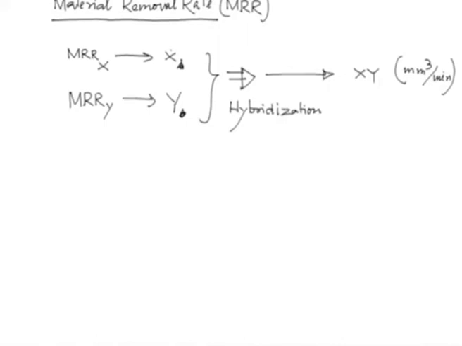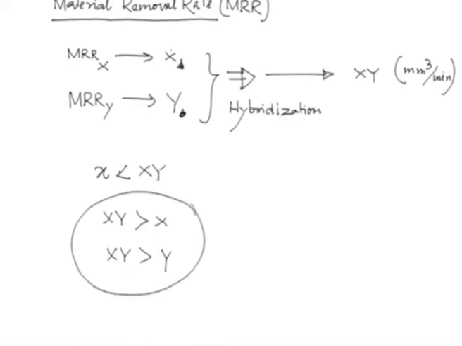Now, ideally by definition this should be mathematically expressed like this: X should be less than XY, or in other words XY should be greater than X, XY should be greater than Y. That means, what we are gaining with this?